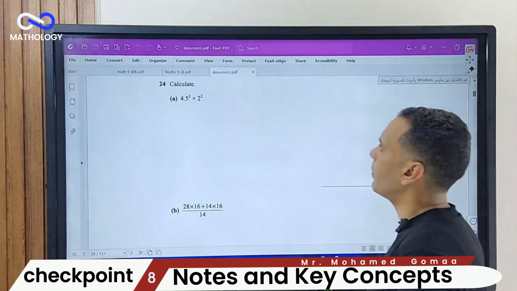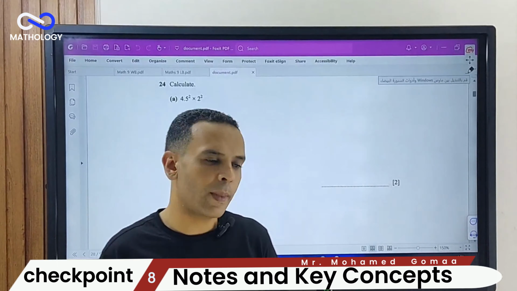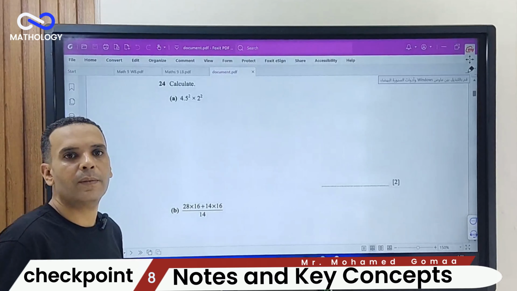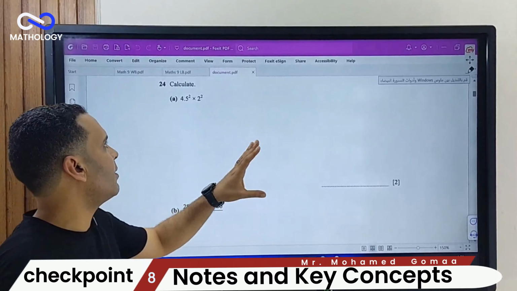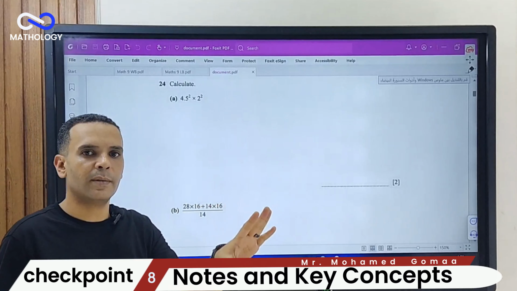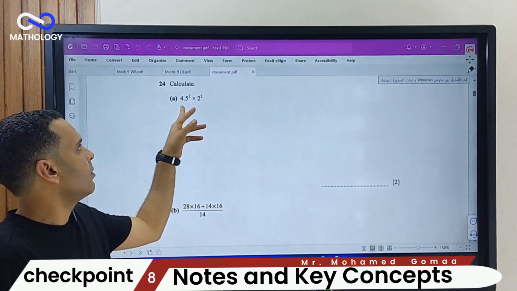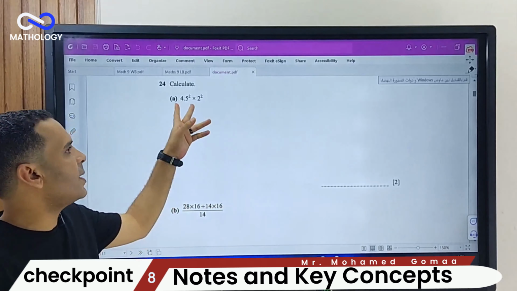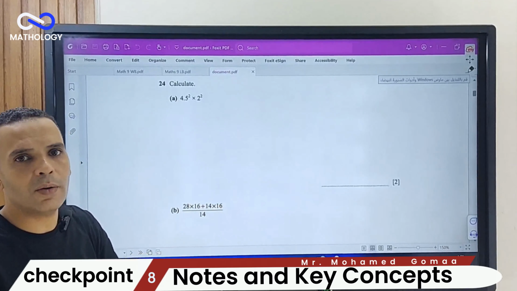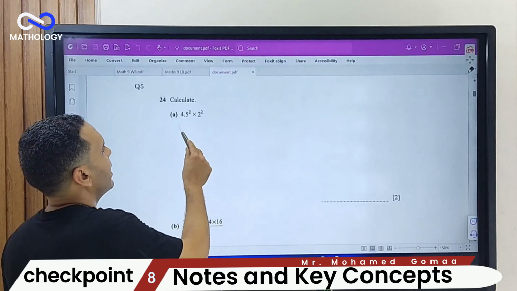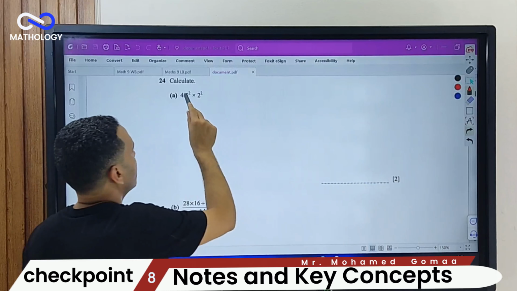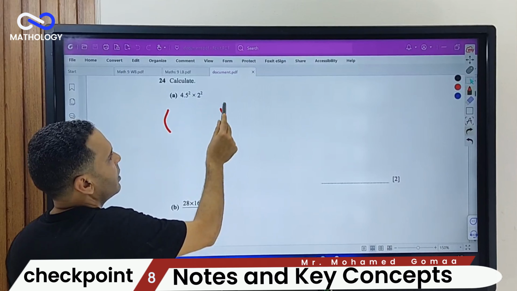Calculate 4.5 power 2 multiplied by 2 power 2. Remember, here we don't have the same base, but focus your mind. We have the same power. If you have the same power in the multiplication or the division, you can keep the same power 2. We have power 2 and power 2.